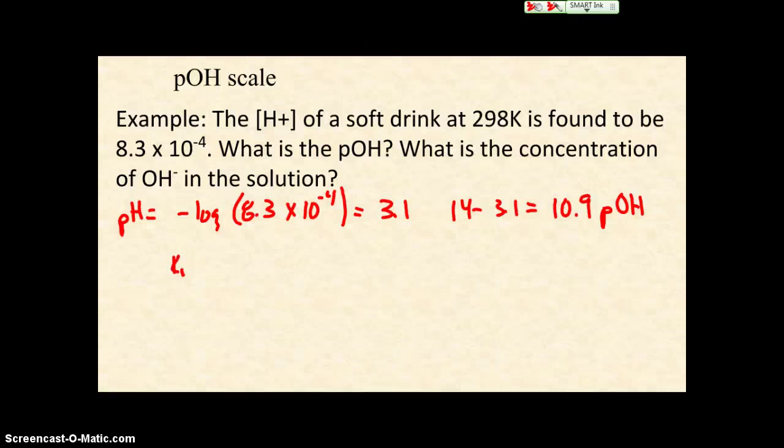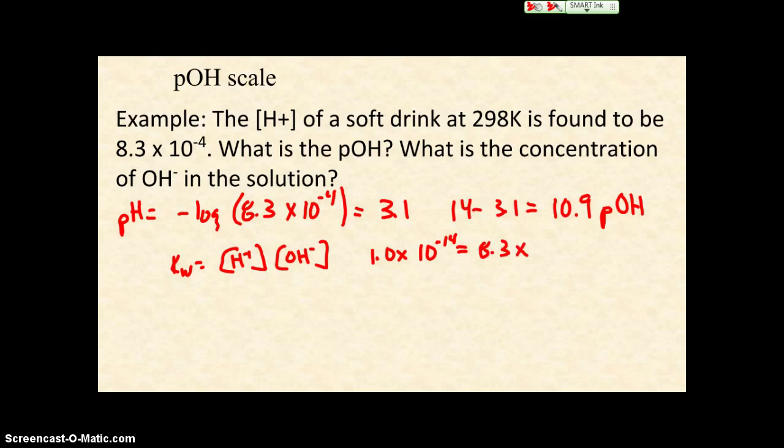And I can do this two different ways. I know that Kw equals H plus times OH minus. And I know that Kw has a value of 1 times 10 to the minus 14th. I know that the H is 8.3 times 10 to the minus 4th times the OH.